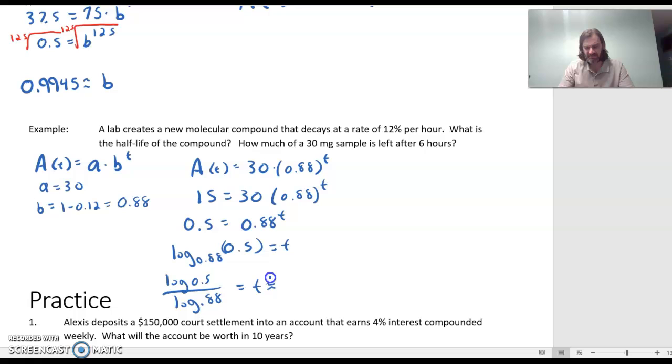Log of 0.5 divided by log of 0.88 gives me t to be 5.42, and we were talking about hours, so hours. And that is our half-life.